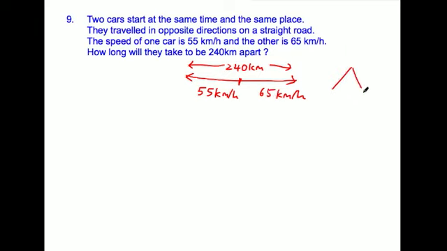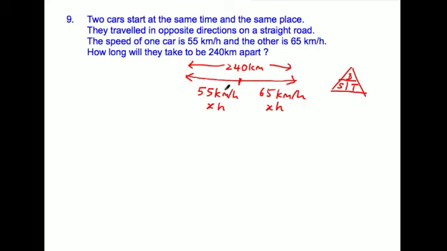We make use of the triangle. Speed is distance over time. And since we have the total distance given, we make use of the distance to form our equation. They both travel the same time, which we call x.